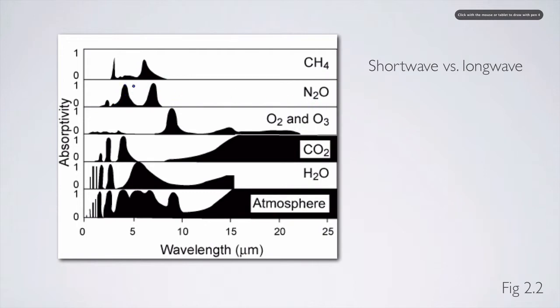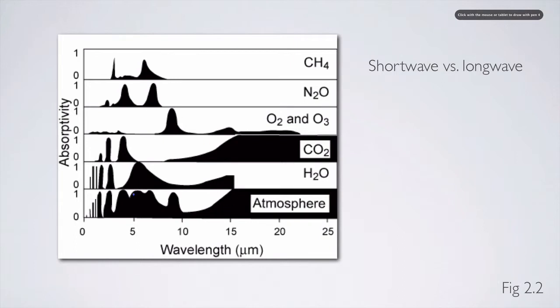N2O, for example, has a different set of peaks that are slightly offset from methane. Oxygen and ozone are much further out here. CO2, you can see very strong peaks here, definitely on for long wave radiation. Water is also something that absorbs radiation in different areas.